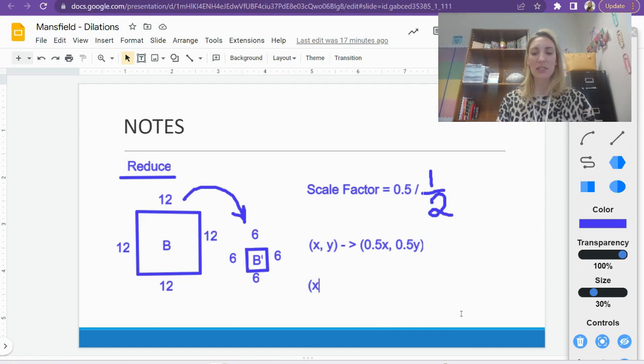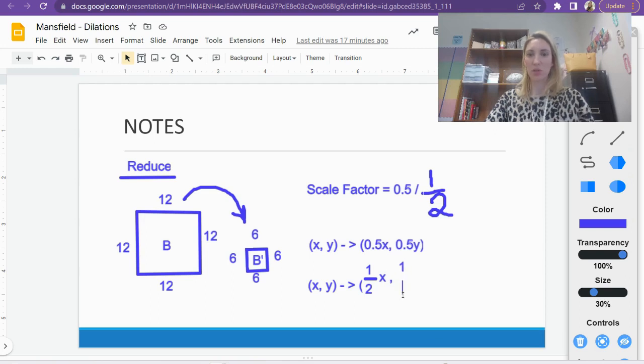So you might see something like x, y transformed into 1 over 2 x, comma, 1 over 2 y.